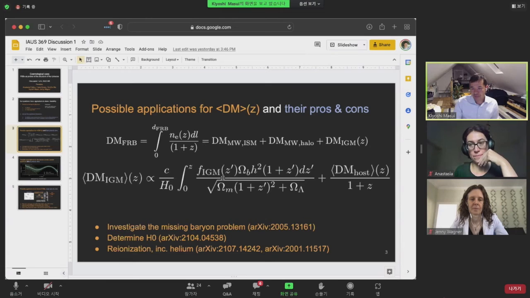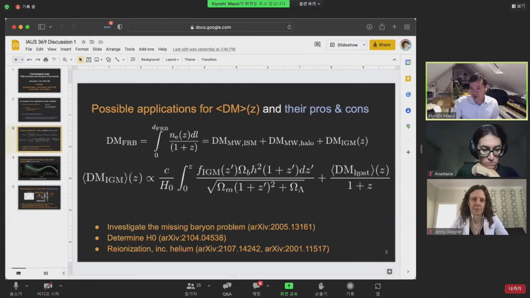There are two things here that, even with infinite FRBs, are very degenerate. The f_IGM number has to be independently measured, and it is perfectly degenerate because it multiplies the Hubble constant. And then there's the DM host.